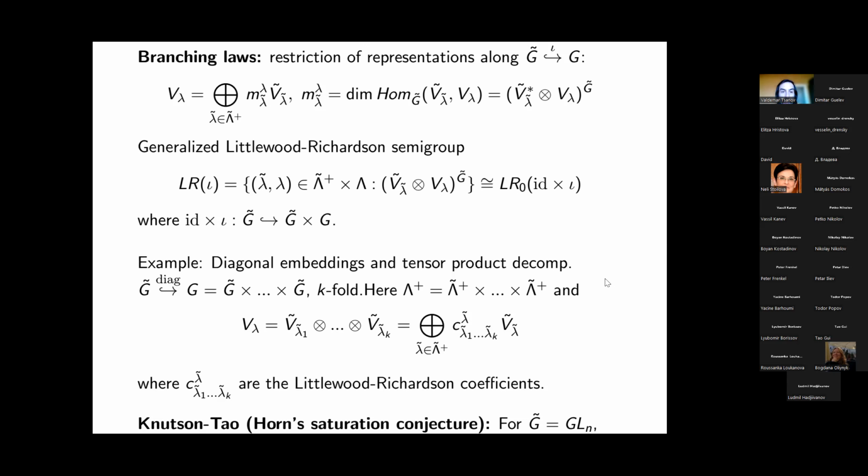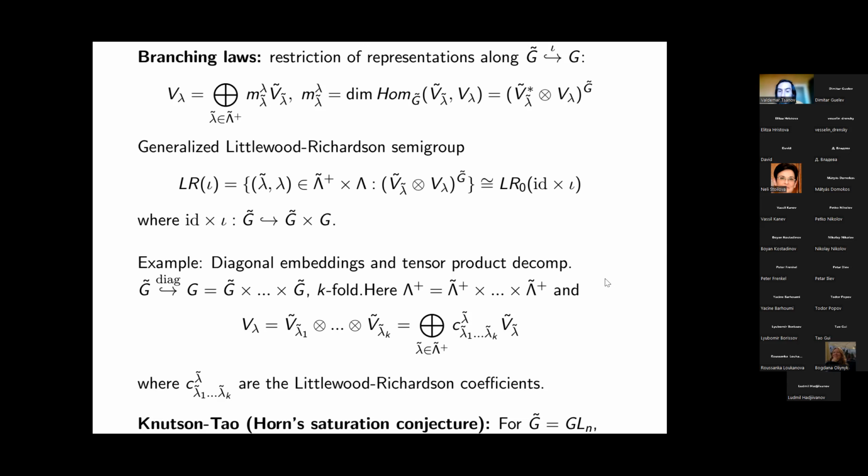It is, to my knowledge, one of the most widely open problems in representation theory. Even for diagonal embeddings beyond GLN, not everything is known. There are hypotheses, unproven hypotheses for simply laced linking diagrams.